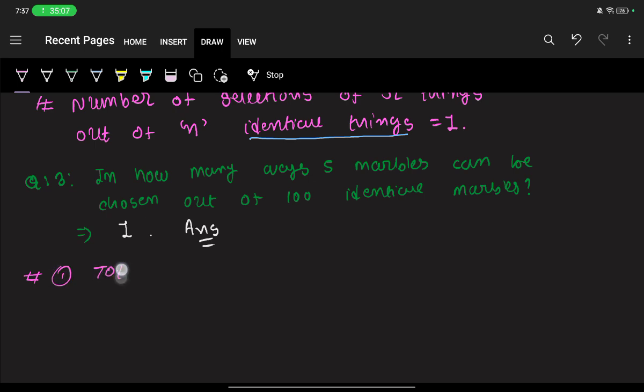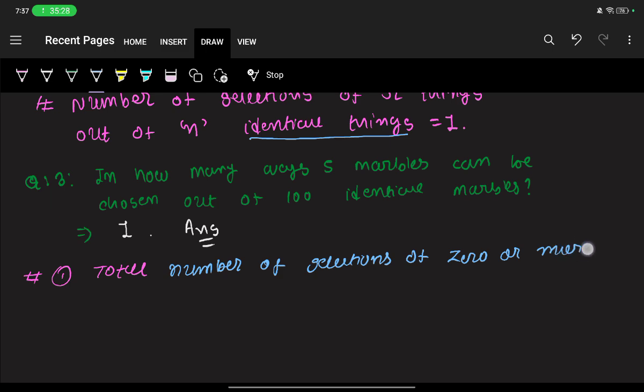Total number of selections of 0 or more things out of k identical things.